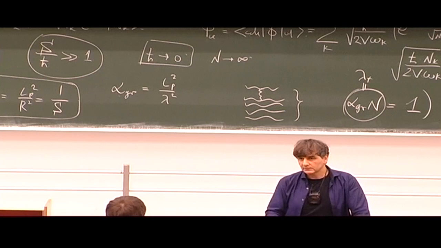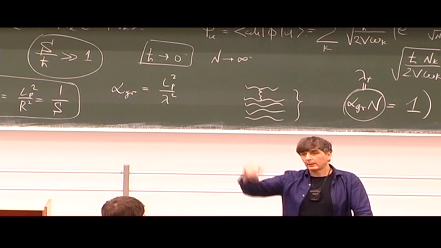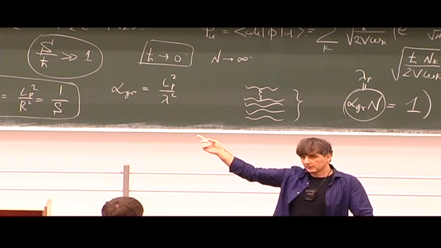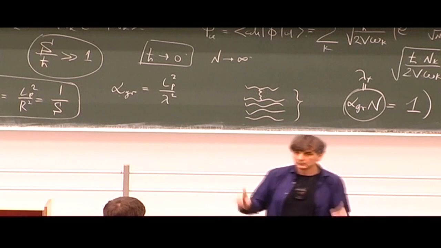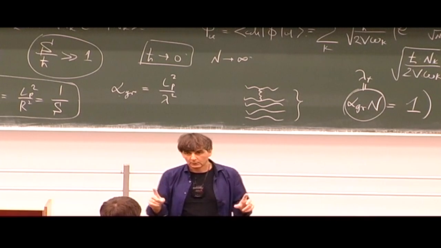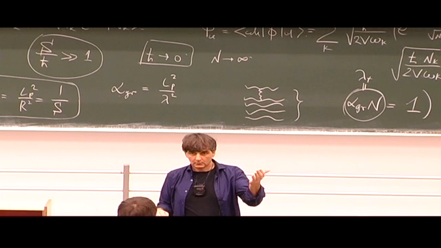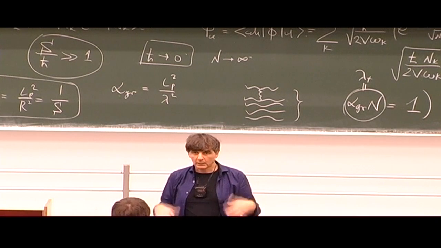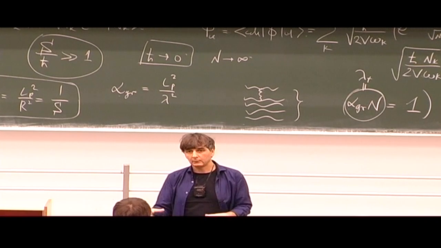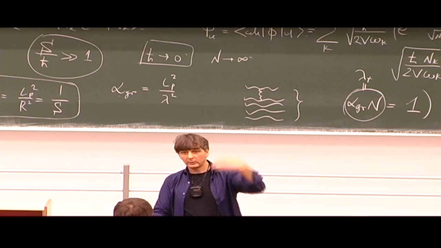Well, I have small corrections at the beginning stage of the evaporation. Remember, I explained in yesterday's lecture, right? I showed that there are two things. When the black hole emits radiation, you can ask how much of the imprinted pattern is gone with this radiation.